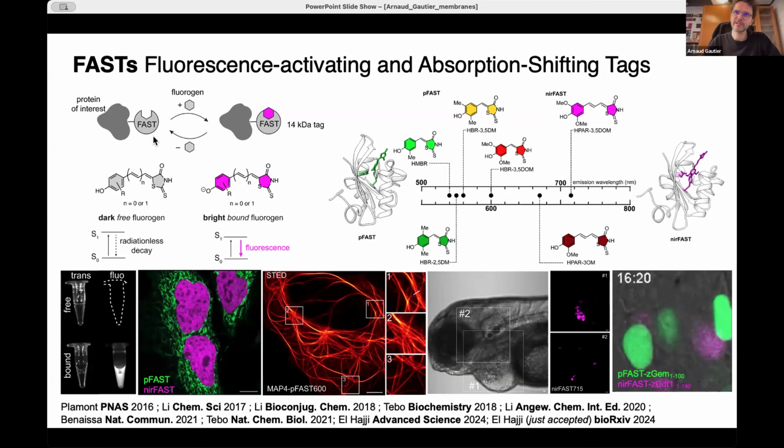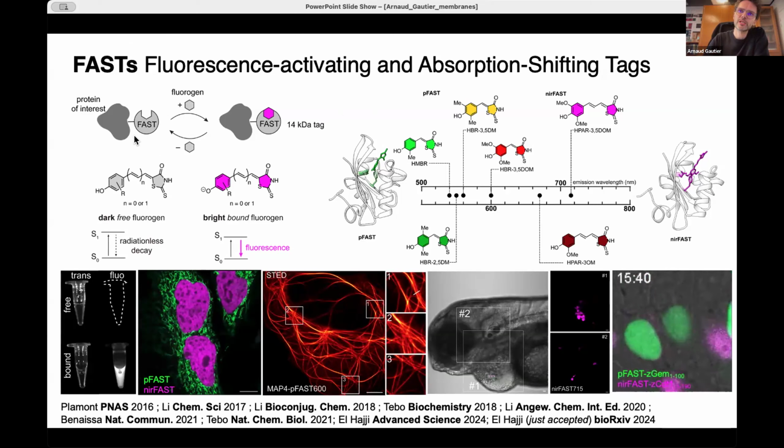So in these systems that we called FAST, which stands for fluorescence activating and absorption shifting tag, these systems are composed of a small protein that we called FAST, which is only 14 kilodaltons, so it's half the size of a GFP. And so you can virtually fuse it to any protein of interest by your favorite genetic tool.